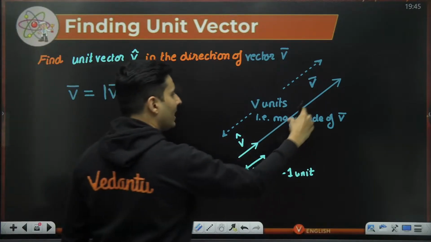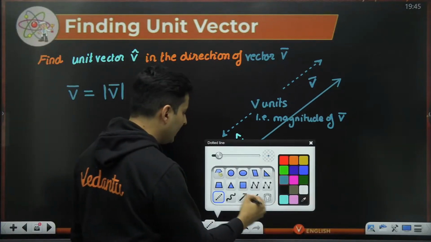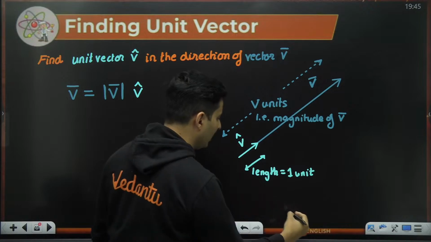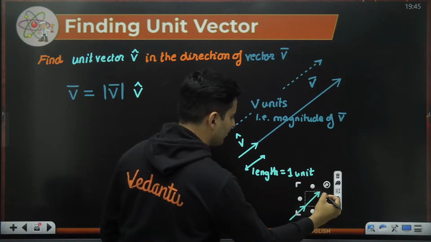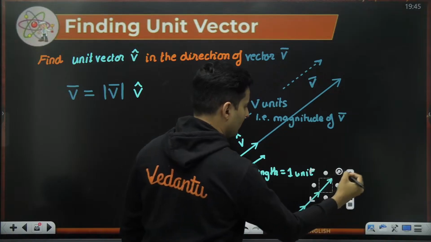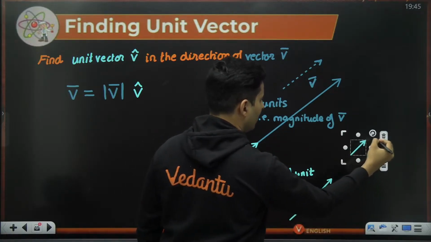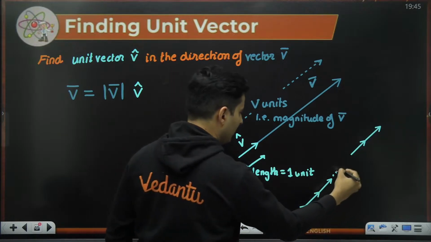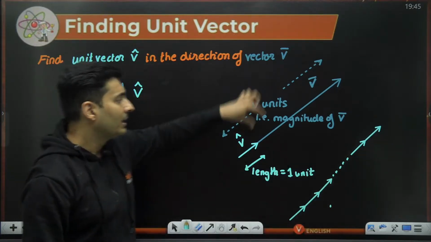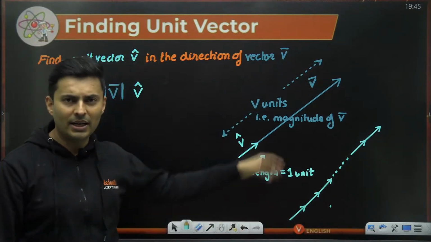So v hat, if you put it, how many times will you have to put it? Yes, you'll have to put it the magnitude number of times. You put it like this, then like this, and keep on doing it till you reach the end. It is 7 magnitude, put it 7 times.